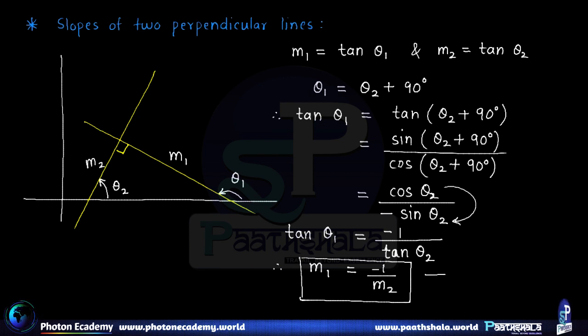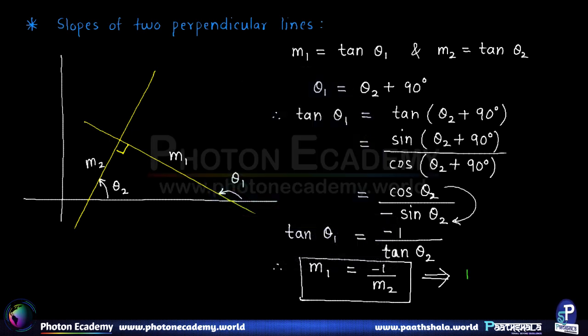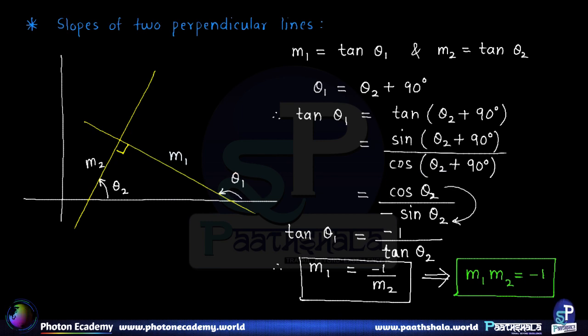We can rewrite this fact in another way, that is simply the product of two slopes, m1 into m2, has to be equal to -1. So we have to remember this very important fact: if two lines are perpendicular, then the product of their slopes is always equal to -1.